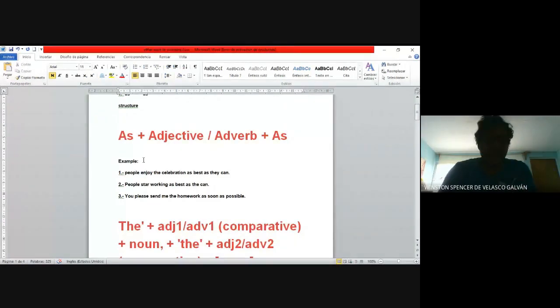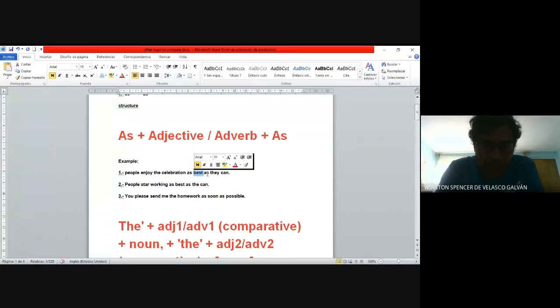People enjoy the celebration as best as they can. If you translate this sentence into Spanish, it will be something like this. La gente disfruta la celebración lo mejor que ellos pueden, as best as they can, lo mejor que ellos pueden.